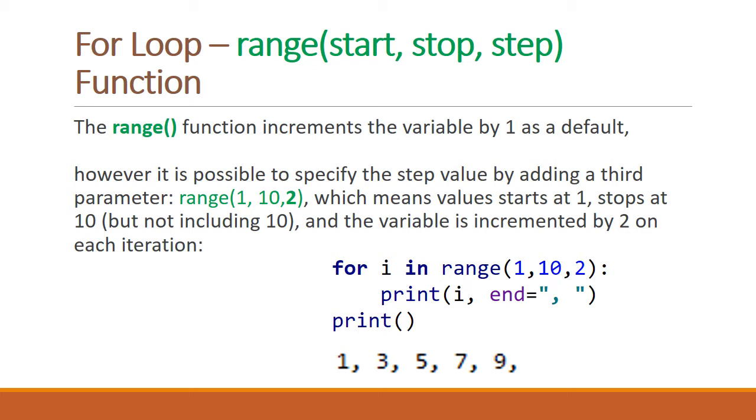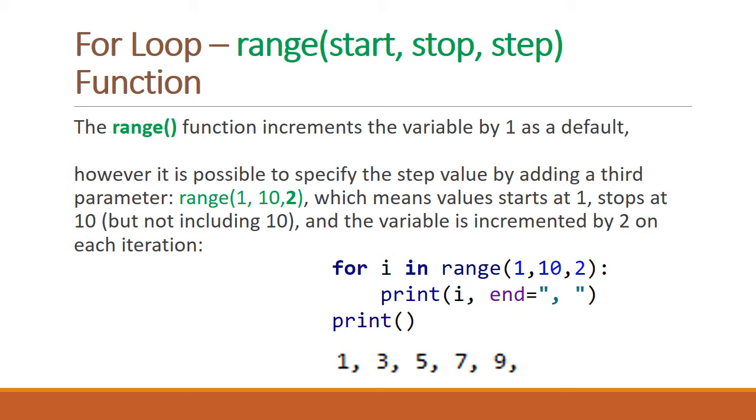So given this example, i is assigned 1 as the start value. Then we print i. i is incremented by 2. We print 3. i is incremented by 2 again, therefore i is equal to 5, and we print 5. i is incremented again by 2. i is equal to 7.